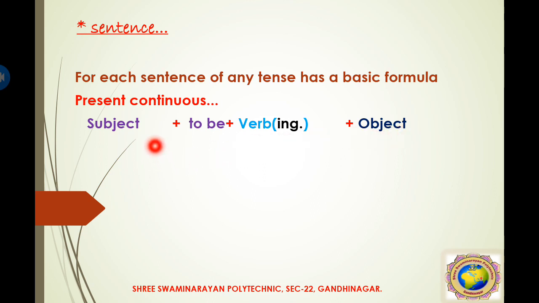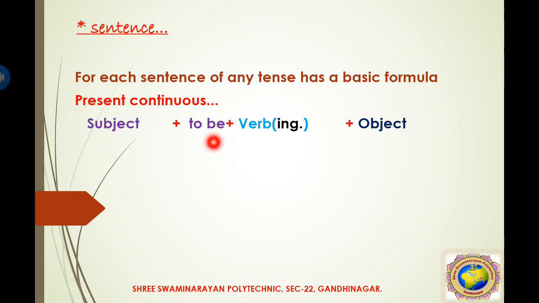In the previous one we saw only subject, verb and object in simple present form. Now to change to the present continuous form, we add a to be function. We add the part to be and verb with ing. This to be plus verb ing form is called present continuous form.